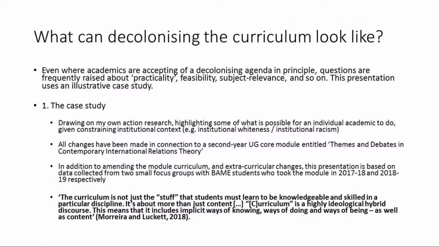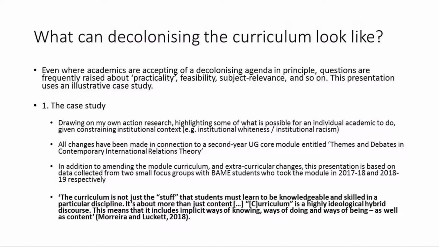I spoke to two groups, one that had taken it in 2017 to 18, before I introduced the changes I'm going to be talking about today, and one group that had taken it this academic year, 2018 to 19. Or rather the other way around, the 17-18 group are now the third years who've just graduated, to get an idea of the impact of the changes that I've made.